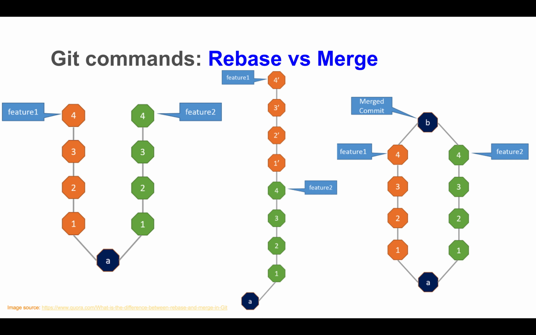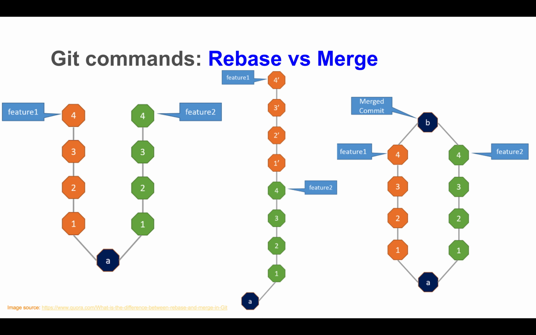With merge, we keep the history of the commits. Like if I want to know who committed which commits, then we have to do the merge. If I don't care who committed, then we can go for the rebase.